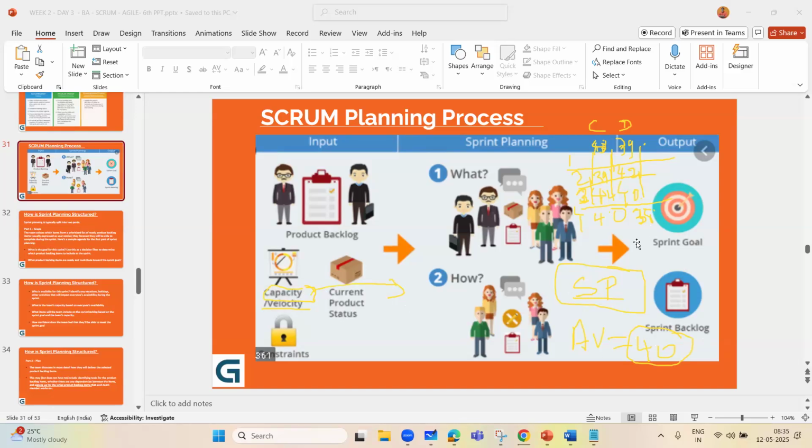If velocity is in story points, what will be the unit for capacity then? Time. And how will it be measured? Hours. Okay. Got it? How we are defining capacity and velocity, what exactly it is, how it is important.